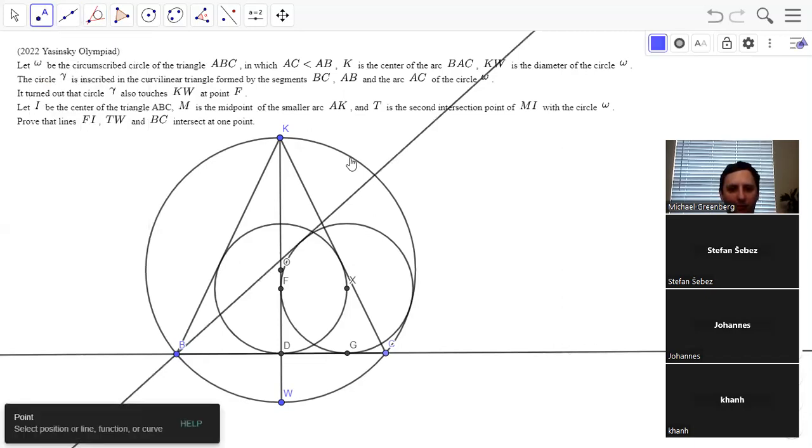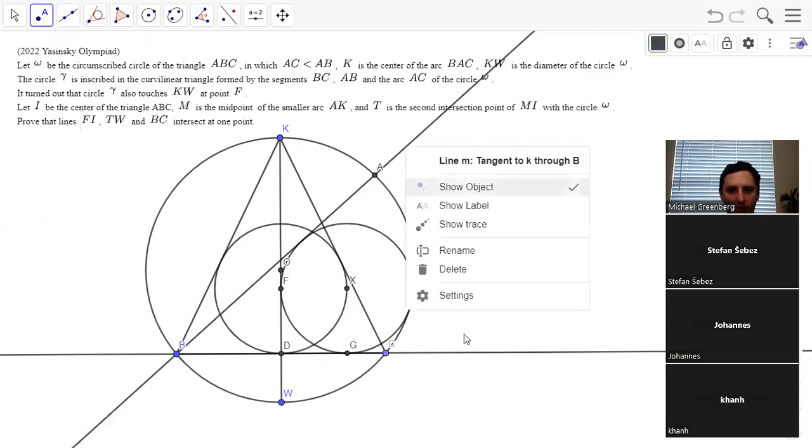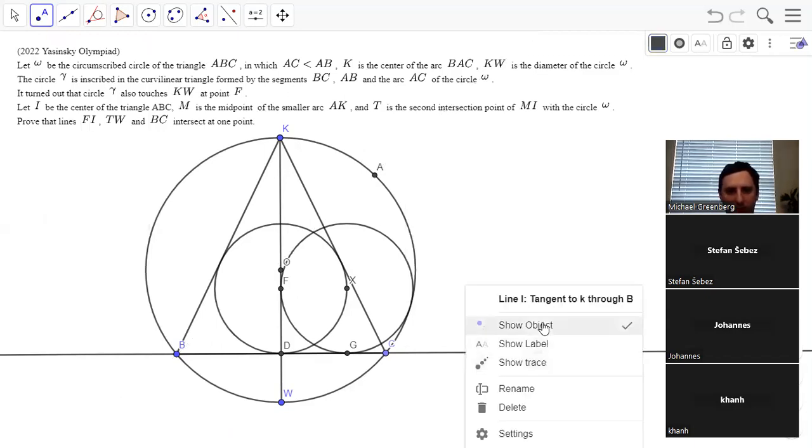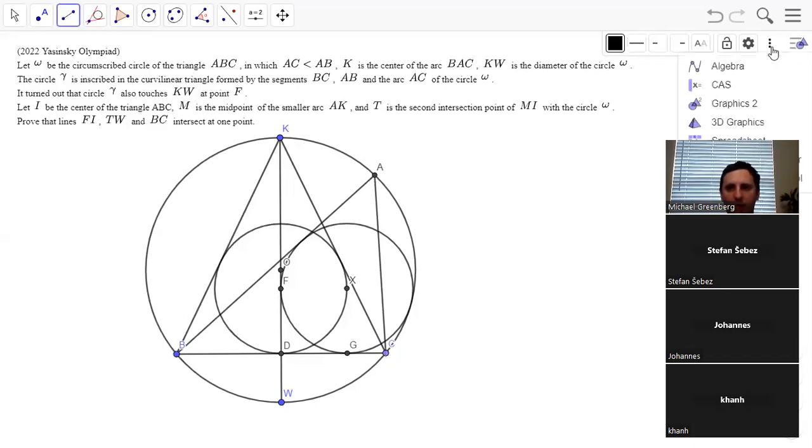So this is A. And then we draw the incircle of ABC.